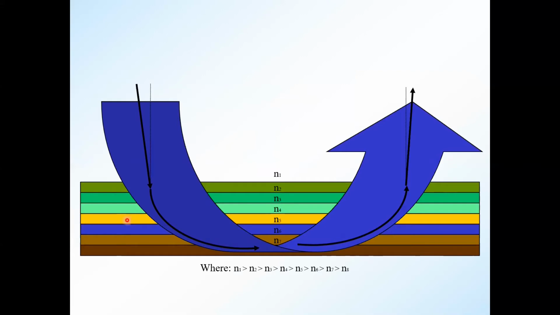What is a graded index fiber? As you had N2 only for your cladding, but now you have multiple layers with a different refractive index in your core. So the core is no more a uniform value, but has a refractive index profile which will somewhat look like this.